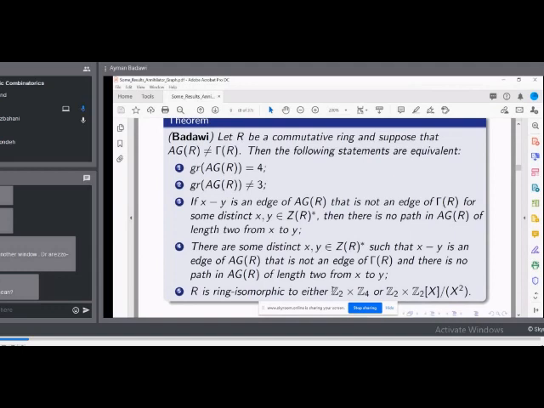And this is one reason we study graphs attached to rings. Why? Because sometimes you get some properties about the ring. Like, look at this result here. The only condition that I have is the annihilator graph is not equal to the zero-divisor graph. They are two different graphs. Numbers 1 and 5 are equivalent. Okay? All right.